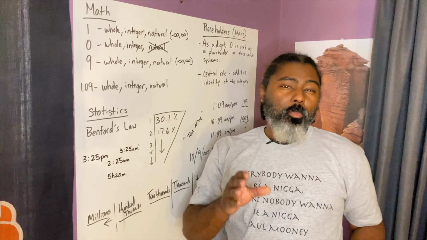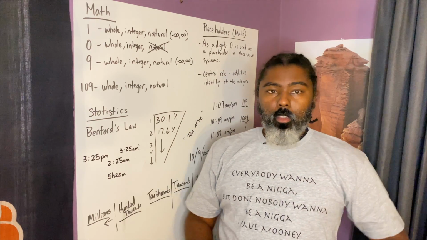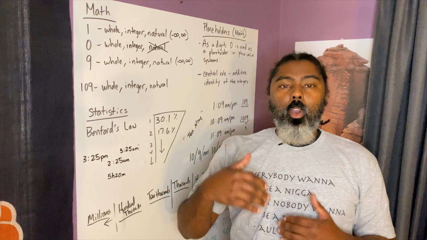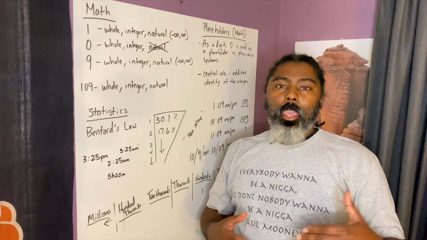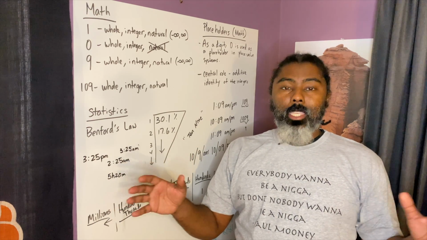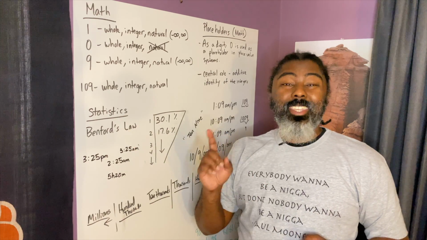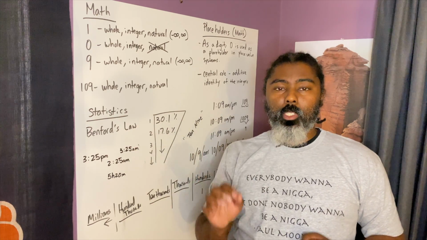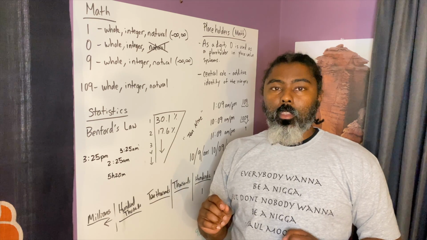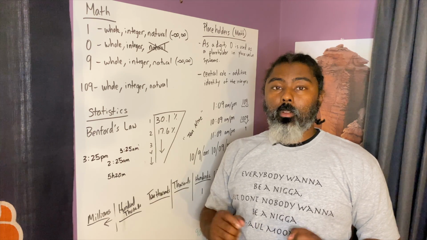So there's a 30% chance that I could walk outside of my home and see a license plate that begins with the number 1.